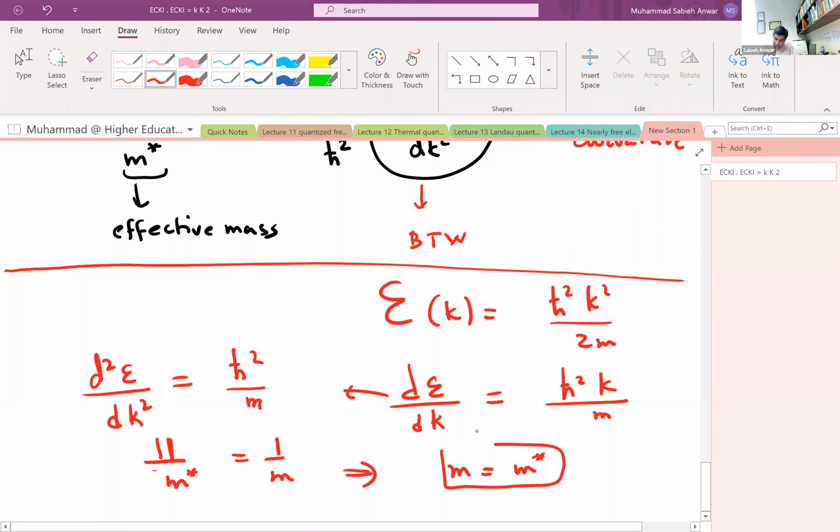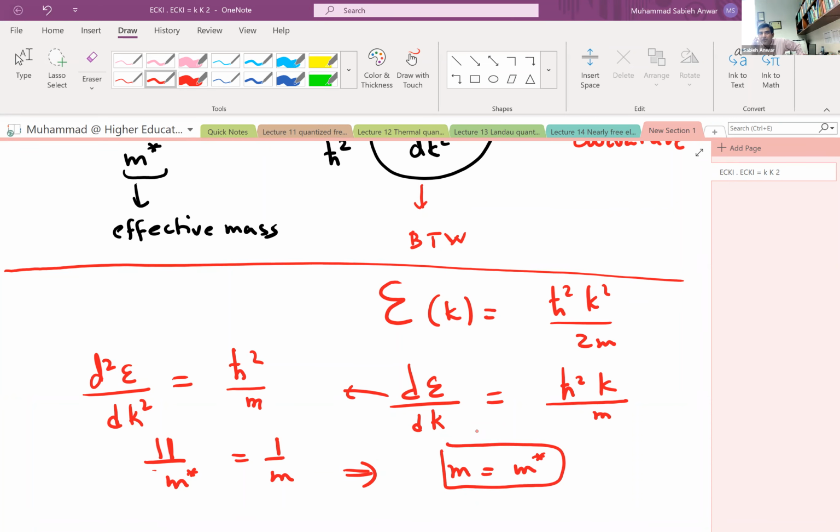a free electron, which doesn't see any periodic potential, just sees a uniform constant bathing of potential, for such an electron, the effective mass is the same as the real mass of the electron. There's no difference whatsoever.